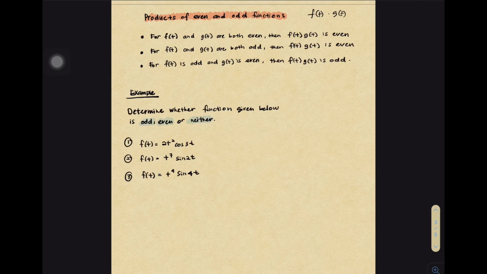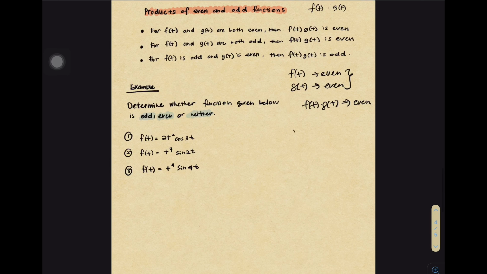Okay, this means that if f(t) is an even function and g(t) is an even function, what you will get in return when you multiply f(t) times g(t) is also an even function.